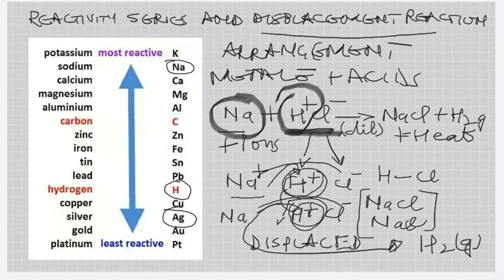I hope this is clear to you. What is reactivity series? An arrangement of different elements based on their reactivity is called reactivity series. And a displacement reaction is a reaction in which a more reactive element displaces the less reactive element from its compound.